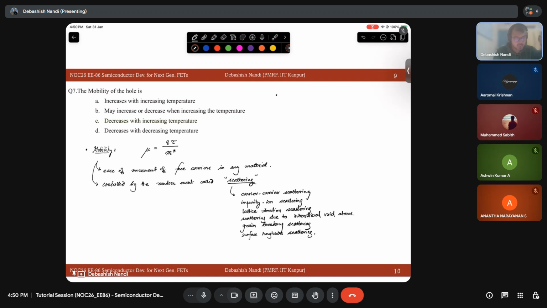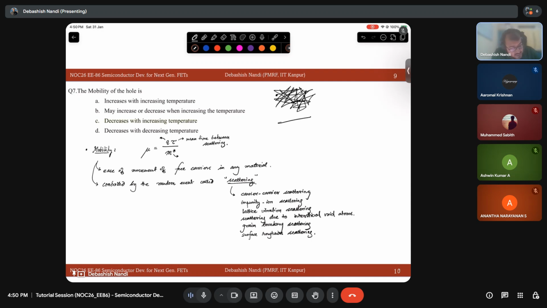Okay, so this q is the charge, m is the effective mass, tau is the mean time between scattering. Okay, basically your electrons will move like random thermal motion, at any given temperature.